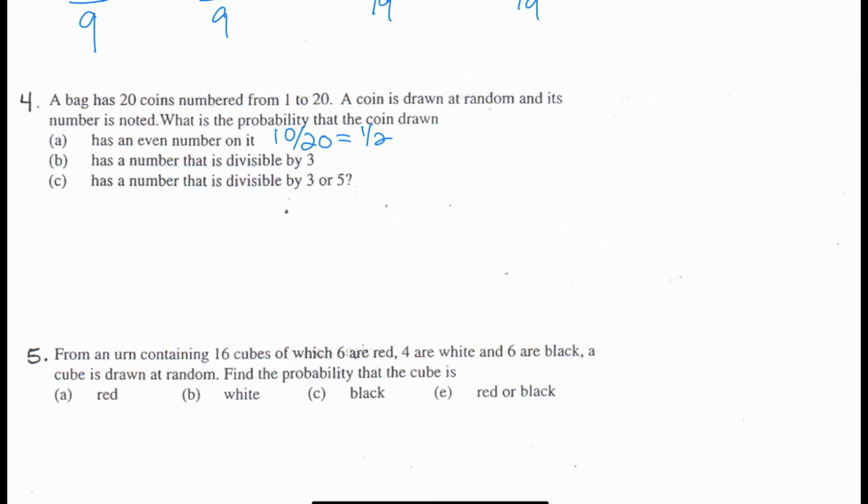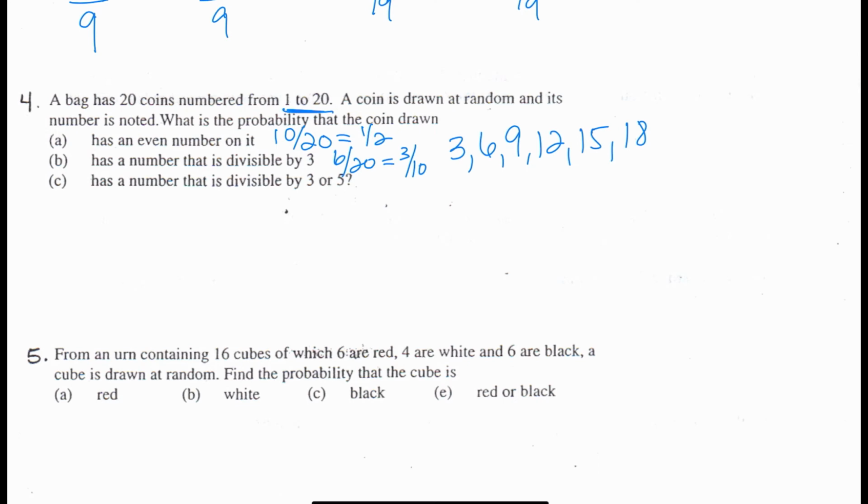So the numbers that are divisible by 3 from 1 to 20 is 3, 6, 9, 12, 15, and 18 because I can't include 21 because we're talking about the numbers from 1 to 20. So that is 1, 2, 3, 4, 5, 6 out of 20, which can be simplified if I divide by 2, 3 out of 10.